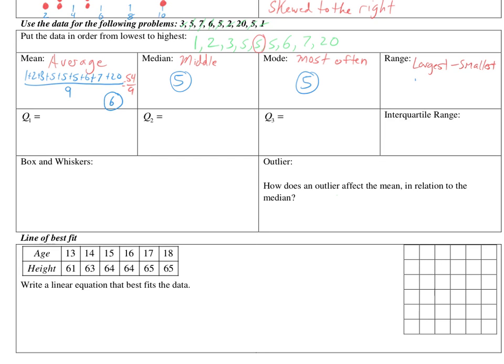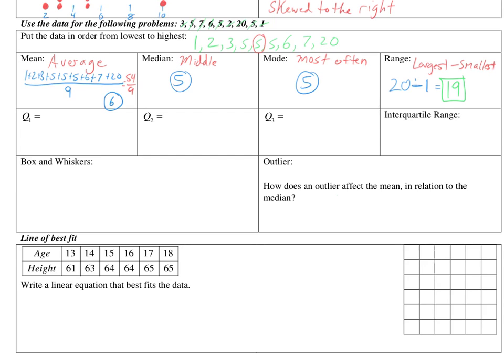So what's my biggest number? 20. And my smallest is a 1. So what does that give me? I have a 19 range. The range, again, is how far from this number to this number. The span. From my lowest to my highest, I have a 19 span.